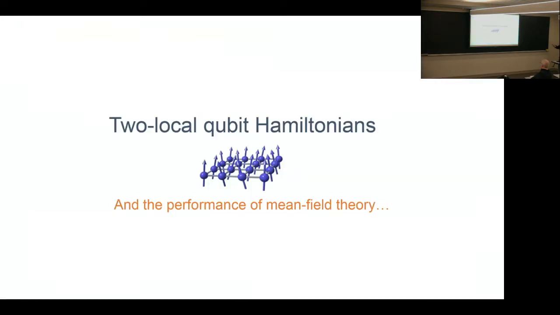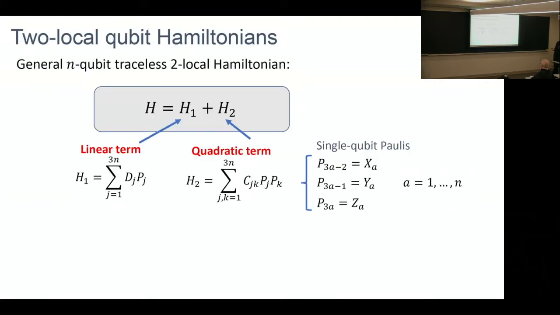The first thing is two-local qubit Hamiltonians, and we want to talk about this mean field theory, which is optimizing over product states. So we have an n-qubit traceless 2-local Hamiltonian, which means we have a Hamiltonian which is quadratic in the single-qubit Pauli operators. We have X, Y, and Z for each qubit, so we have 3n of them, and we're going to label them P_i from 1 to 3n.